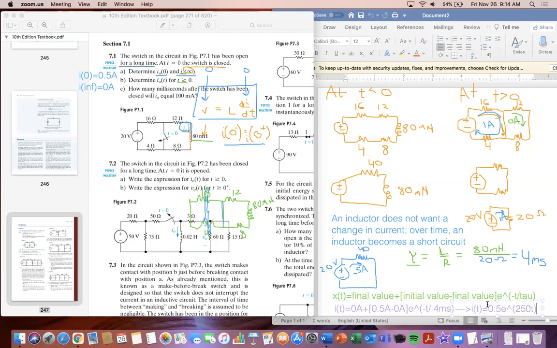So this is what I get for t greater than or equal to 0. And that's my value for part B.